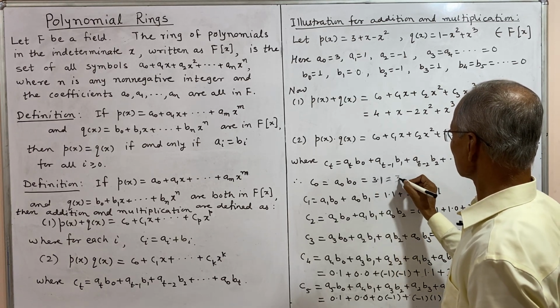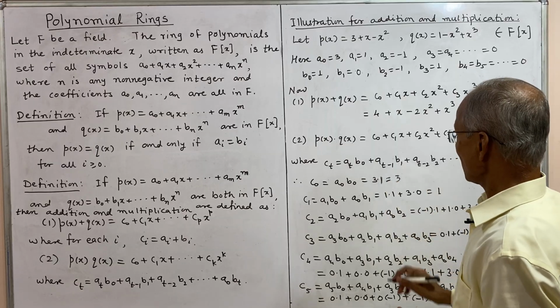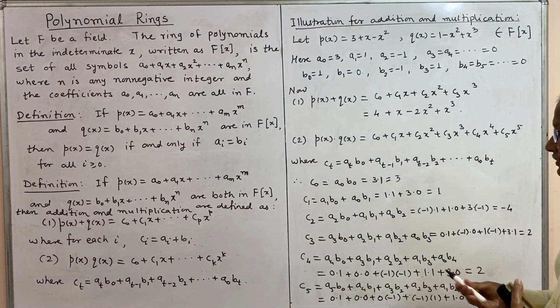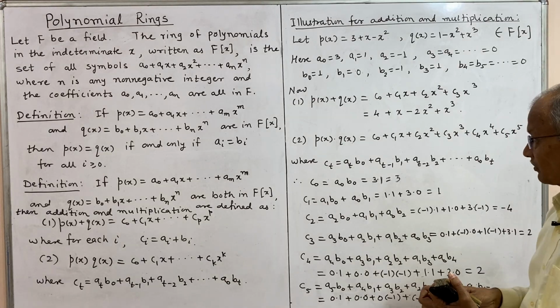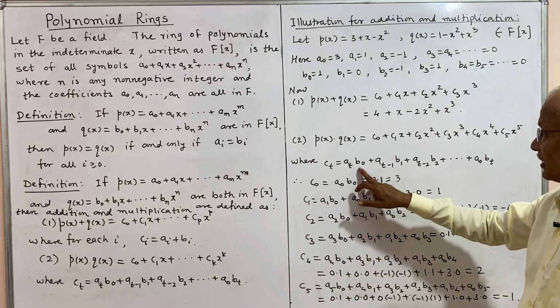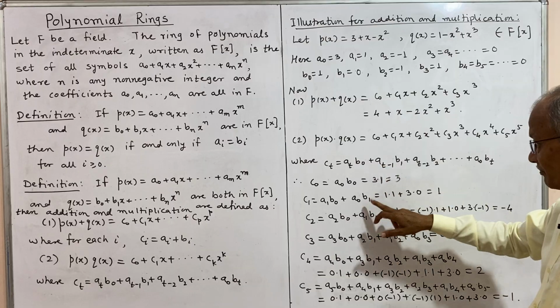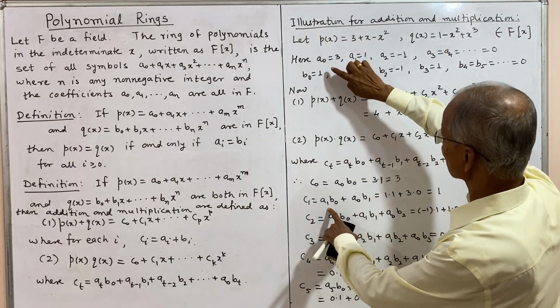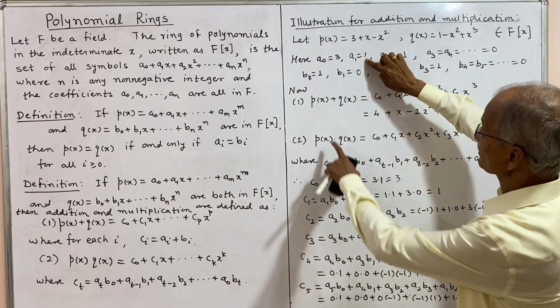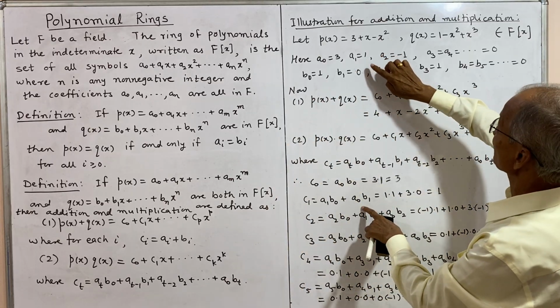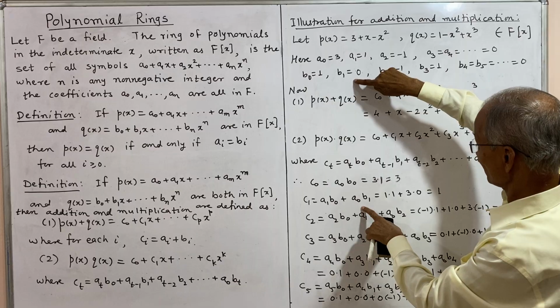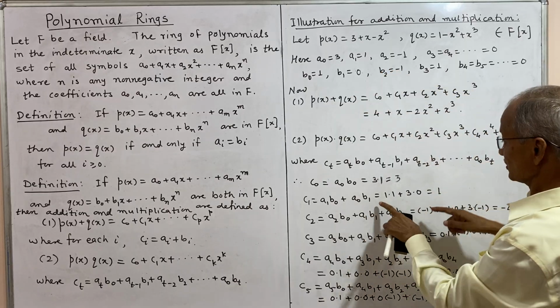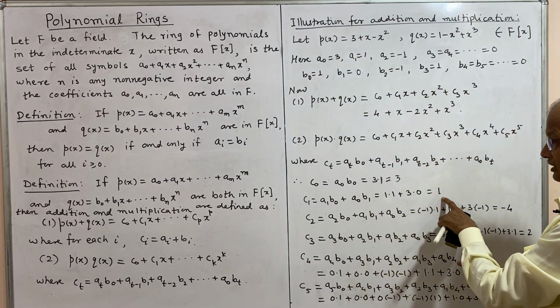This term is 3. What about C1? C1, t is equal to 1, and therefore this is A1 B naught plus A naught B1. A1 is 1, B naught is 1, so 1 into 1, A naught is 3 and B1 is 0, so this is 1 plus 0, that is 1.